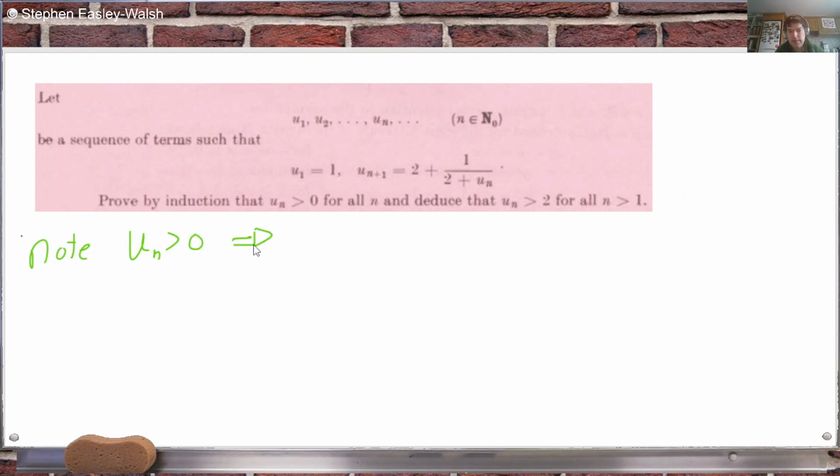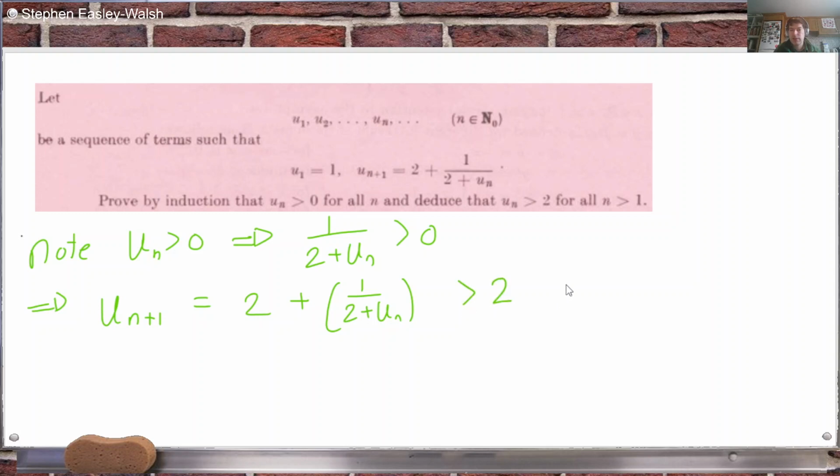So that means that 1 over 2 plus UN likewise is also positive. So that means UN plus 1, which equals 2 plus 1 over 2 plus UN, has to be more than 2, since it's equal to 2 plus a positive number.